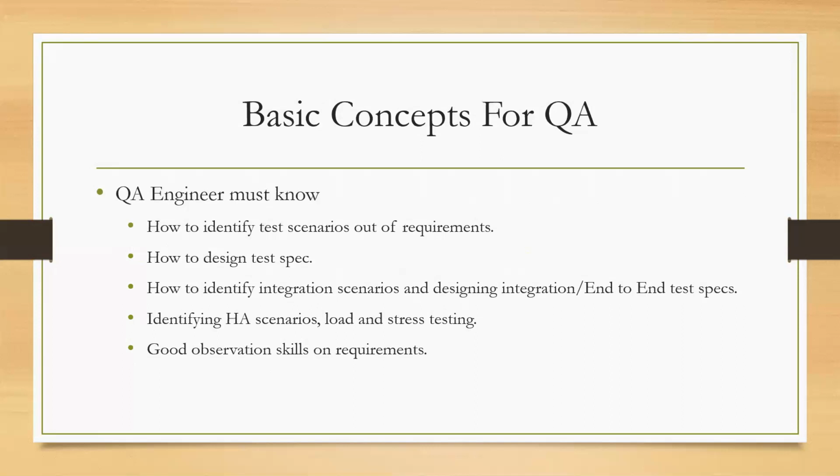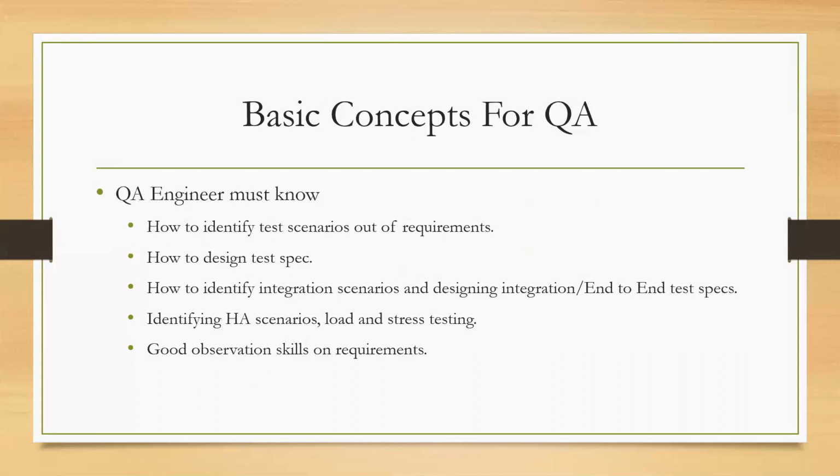A QA engineer must know how to identify test scenarios from given requirements, and should be able to design a test spec. He needs to have the skill to identify integration scenarios and design end-to-end test specs or integration test specs.